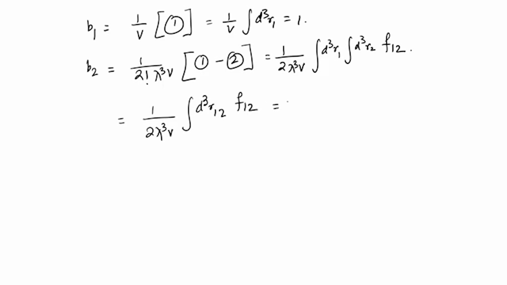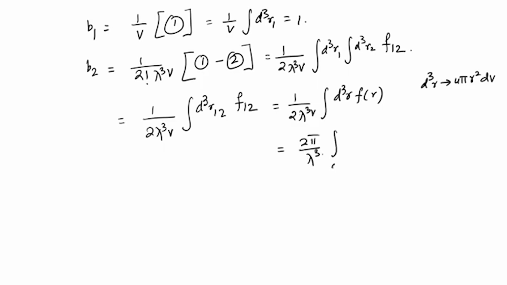This is written as, so now I have d cube, so 2 lambda cube V, and we have this d cube R f of R, and in the limit V going to infinity, if we change this d cube R to 4 pi R squared dr, then we have this as 2 pi over lambda cube, and we have 0 to infinity, R squared dr f of R.